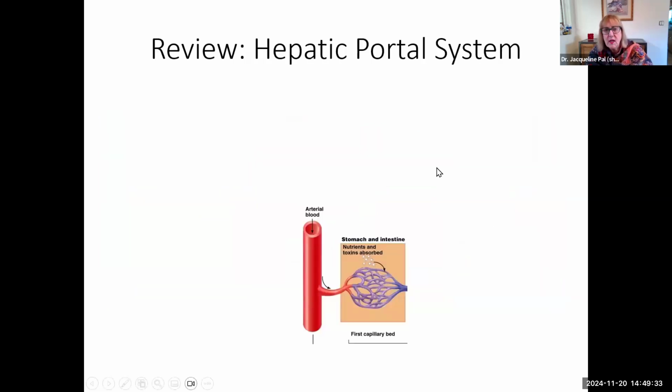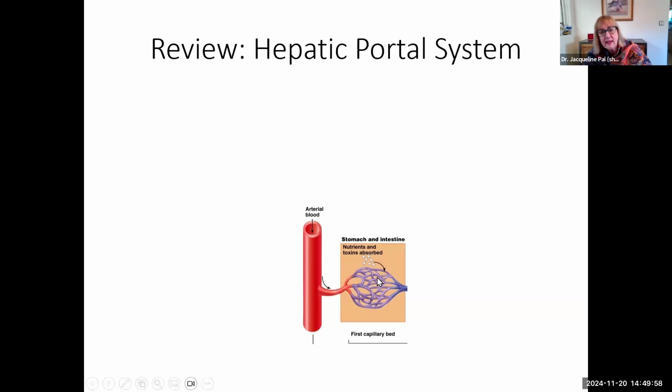So to review the hepatic portal system, we have arterial blood that's entering into our stomach and intestines. And from inside the lumen of the stomach and intestine, we have a capillary bed that is absorbing nutrients as well as possible toxins and drugs that may have been consumed.